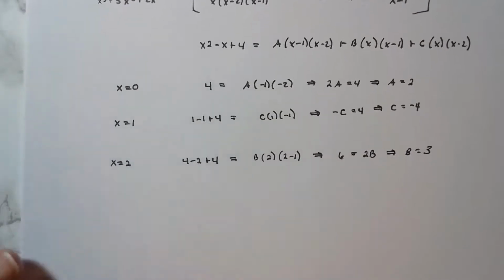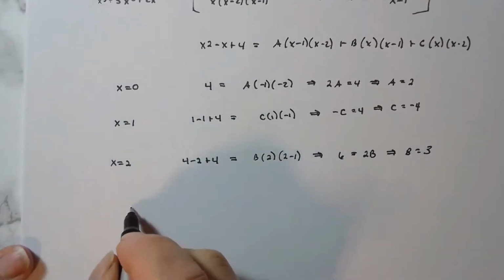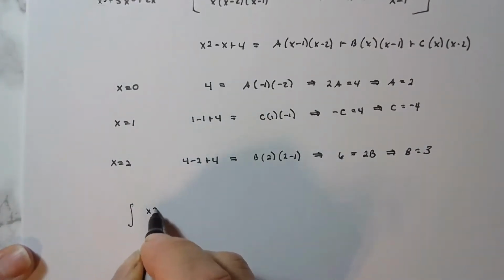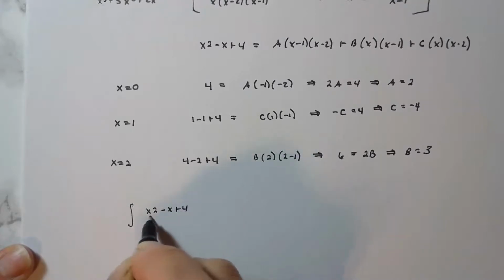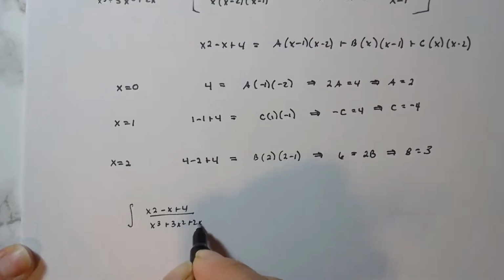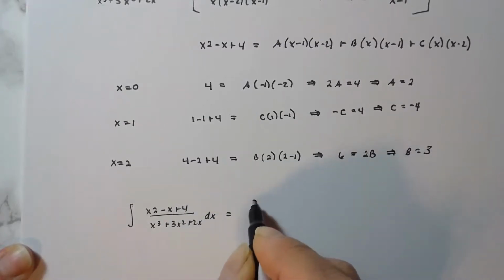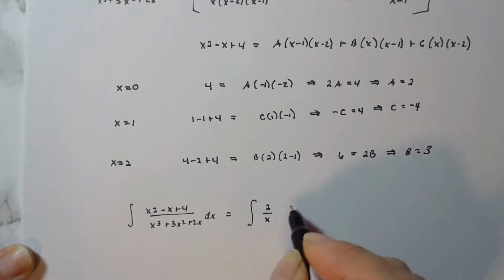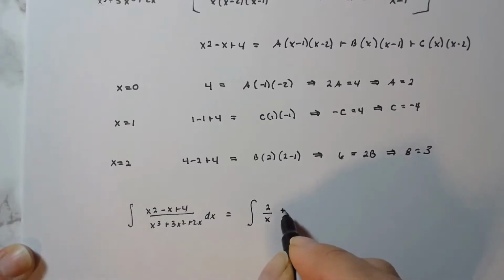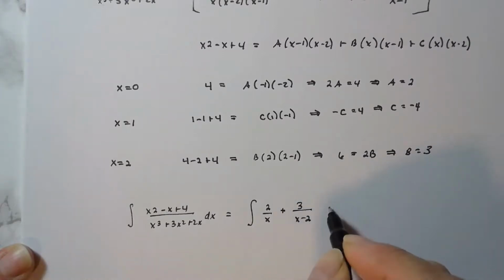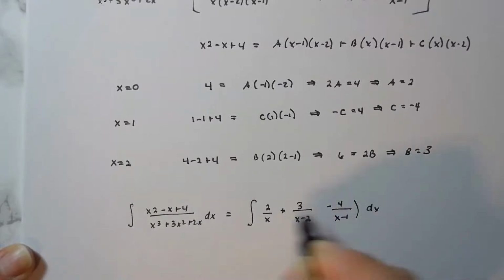So what I have then is that the integral of x squared minus x plus 4 over x cubed plus 3x squared plus 2x dx is equal to the integral of 2 over x plus 3 over x minus 2 minus 4 over x minus 1 dx.